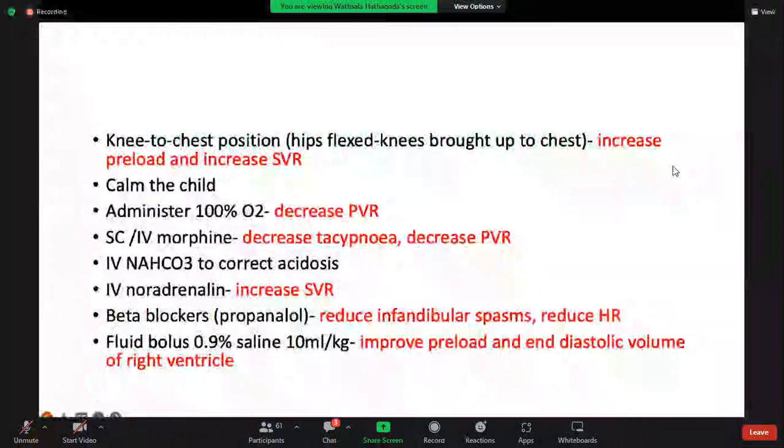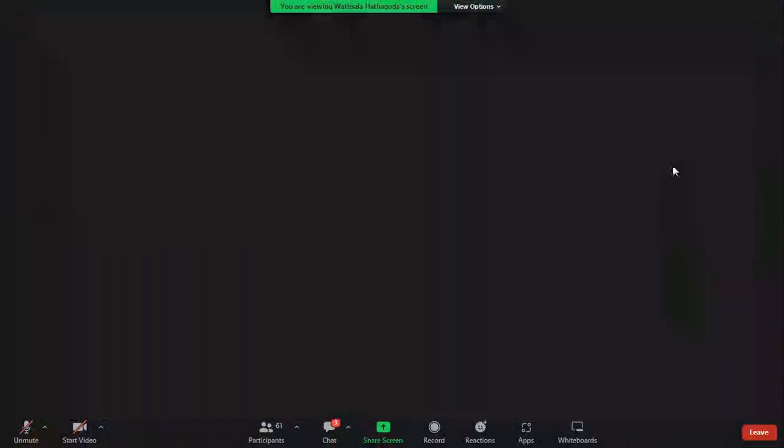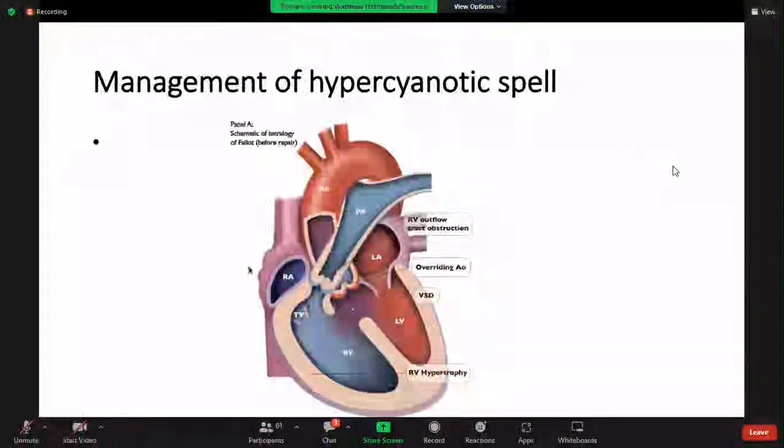Did you understand? Or is it like Greek? So just leisurely read. You should know about this hypercyanotic spell and a little bit about cyanotic conditions, and you can be questioned about the management. So this is an area you should know.